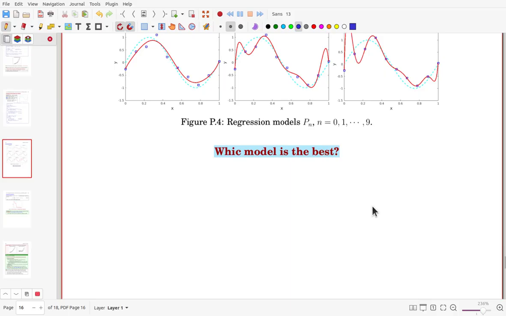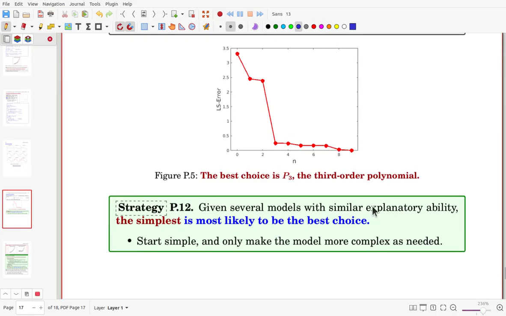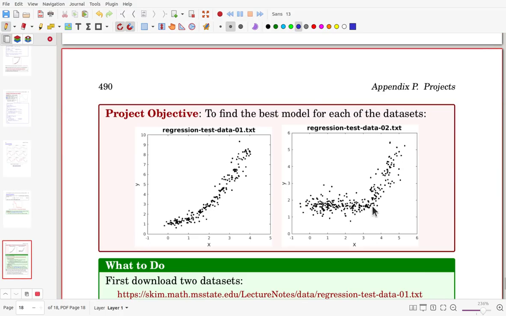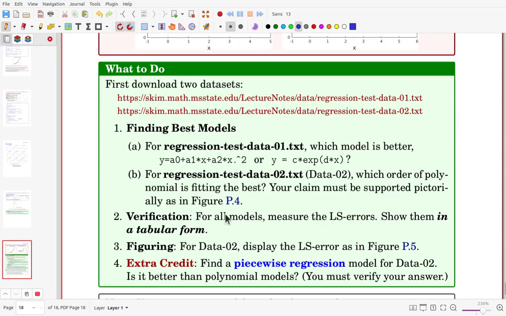Try to check the polynomial fitting, and you will see also from a certain moment some oscillation, and just try to get the best fitting model and degree of the polynomial. So you have to claim with your computational support.